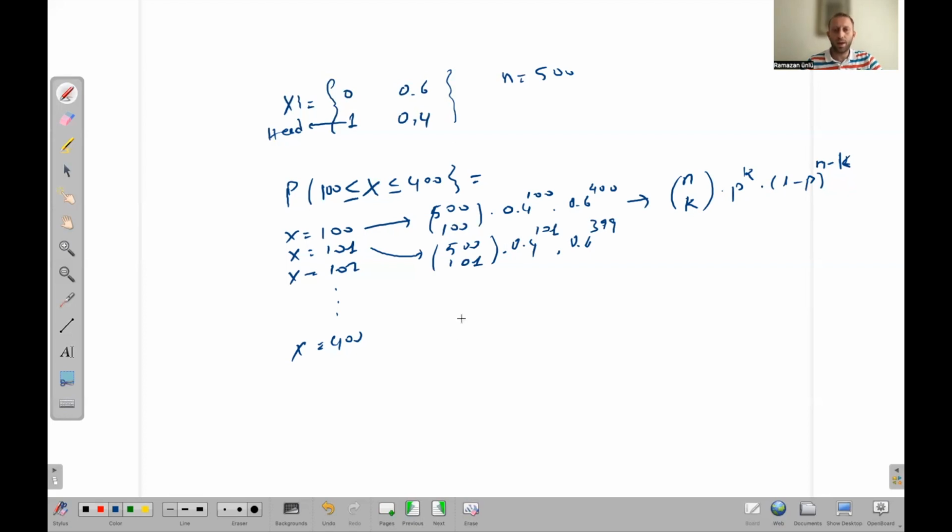So in other words, I have to do these calculations: the sum for i equal to 100 to 500 of 500 choose i, times 0.4 to the i, which is the required number of successes, times 0.6 to the 500 minus i.